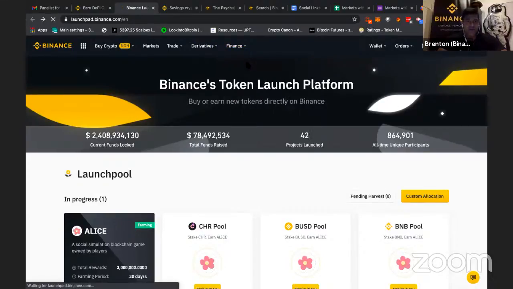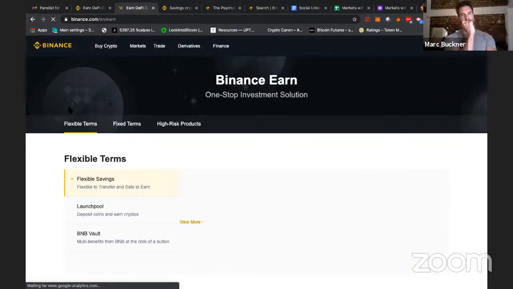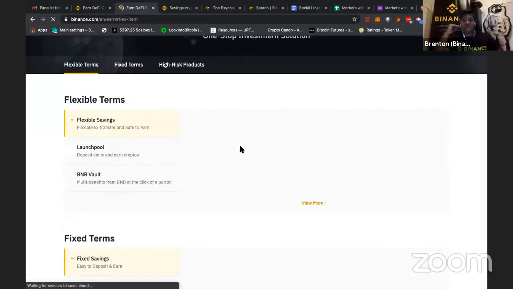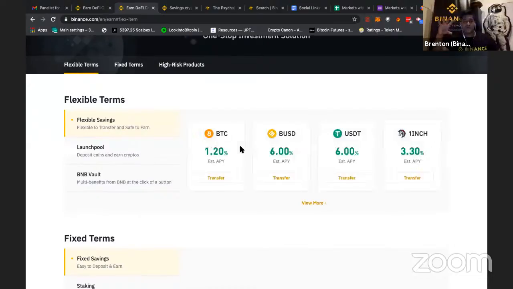But maybe you want to diversify a bit, which is always a cool term in investing. Well, then we also have the BNB vault, which is the Binance coin vault.